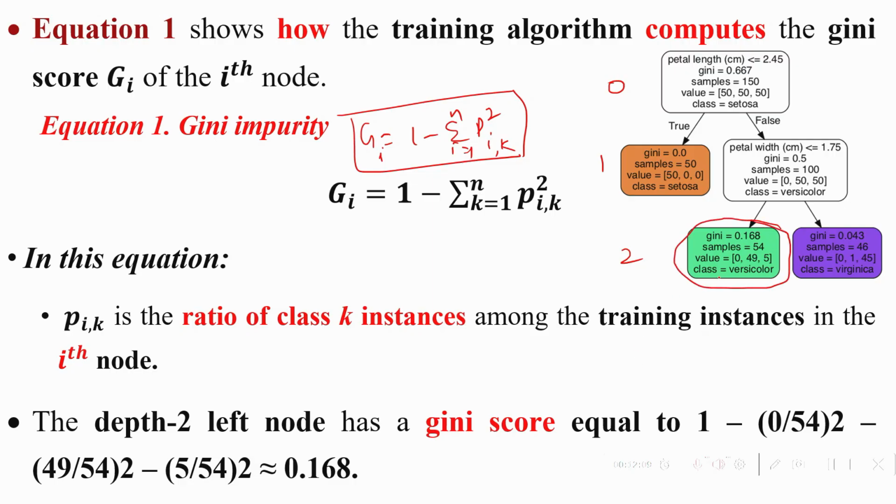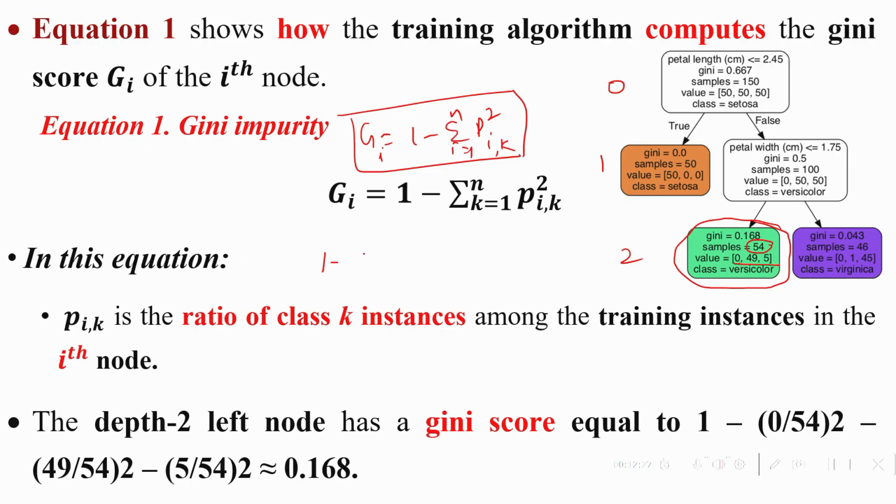At this node, the Gini score equals 1 minus the following. It contains 54 elements in total: 0 belong to one class, 49 belong to another class, and 5 belong to the third class.